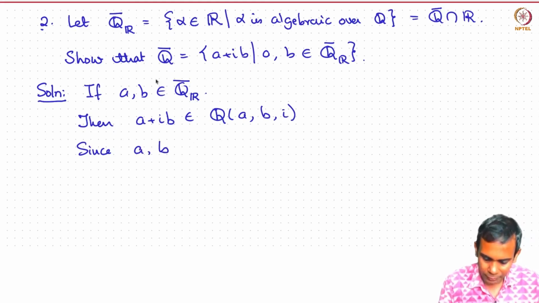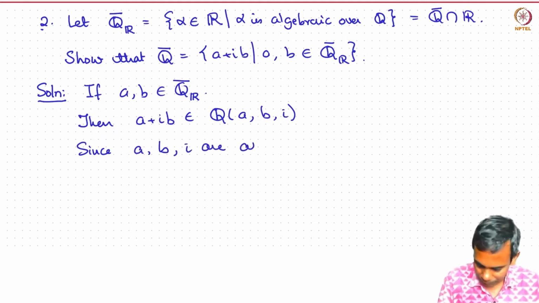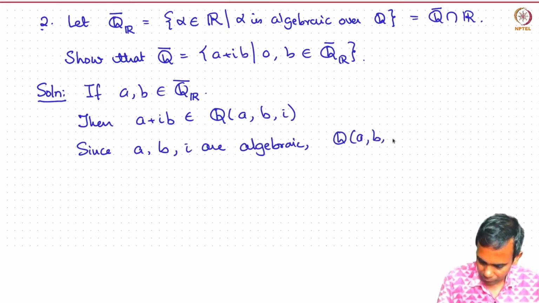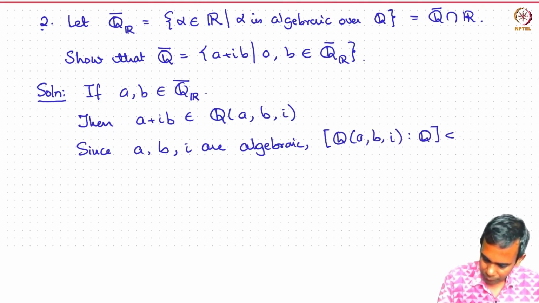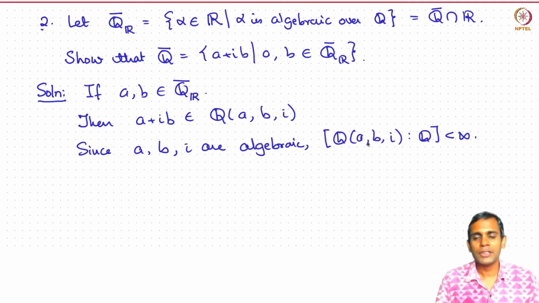A and B are algebraic because they're in Q bar R. i is algebraic because i squared is -1. If you're not sure why this is true, I would suggest you work it out.